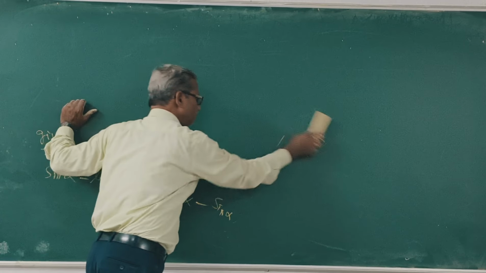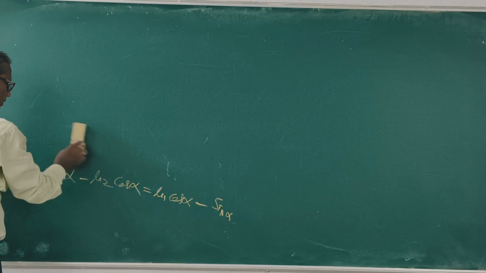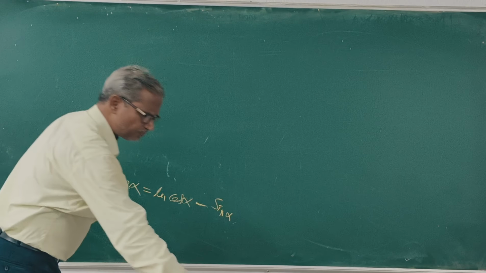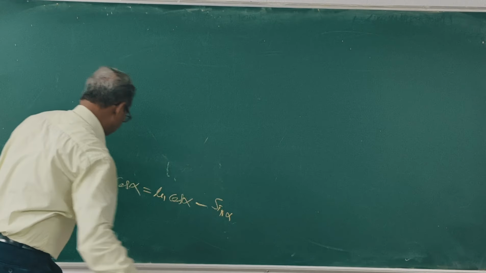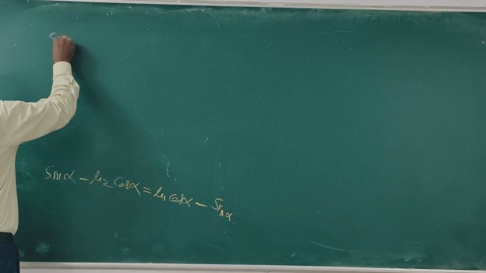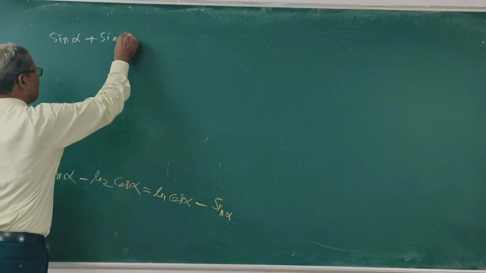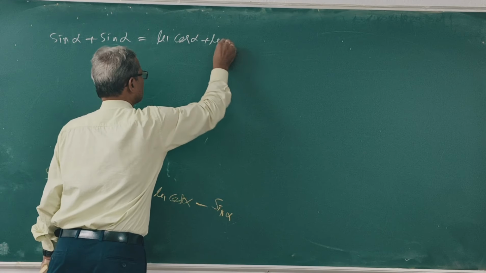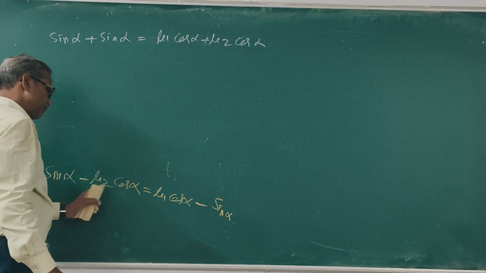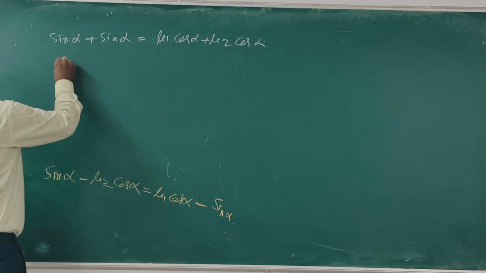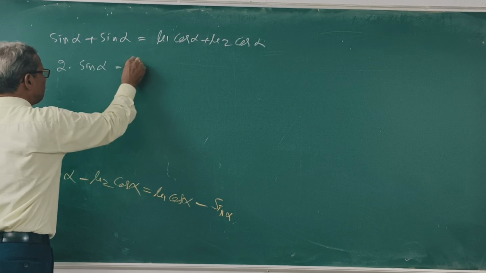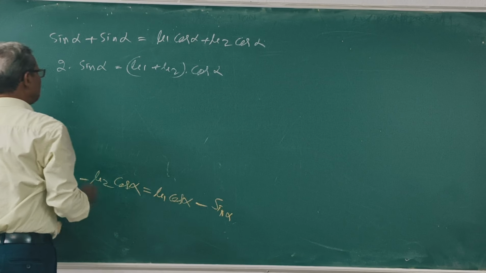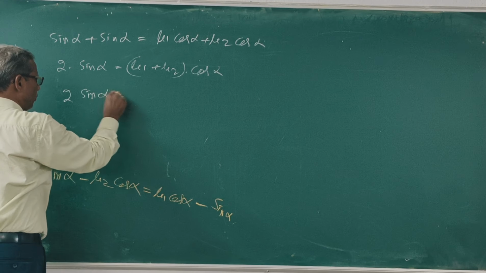So bring sin alpha to one side, cos alpha to another side. Now sin alpha plus sin alpha is equal to mu1 cos alpha plus mu2 cos alpha. Clear? So 2 sin alpha is equal to (mu1 plus mu2) cos alpha. What is mu1? 0.2 plus 0.3, cos alpha.